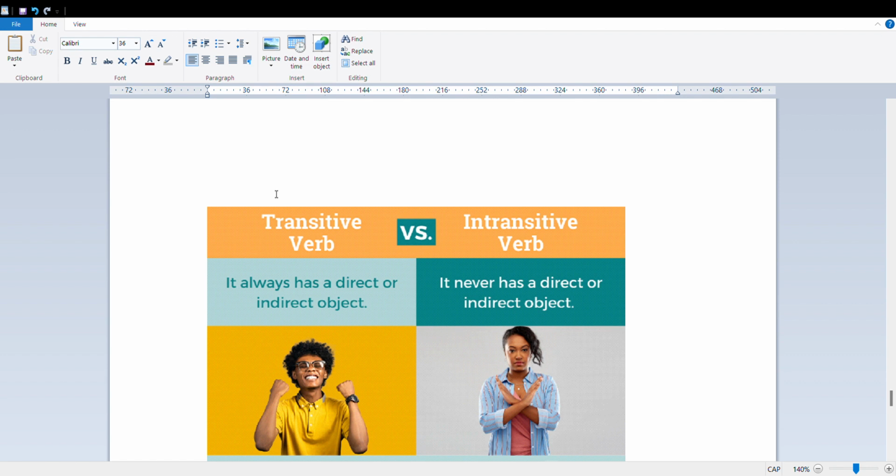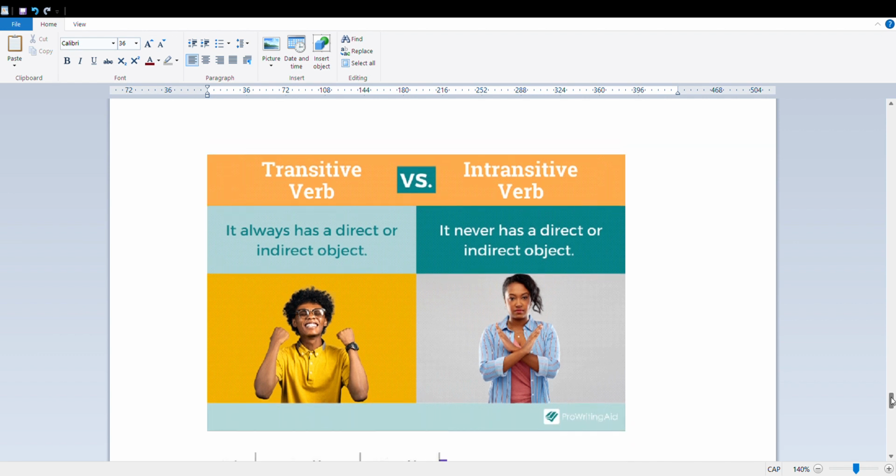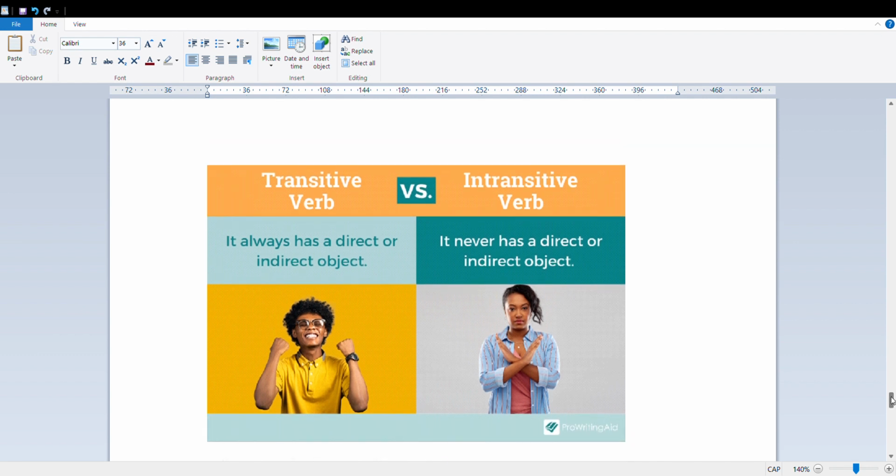If you want, you can take a screenshot of this, because I have found many kids finding difficulty in identifying transitive and intransitive verbs. You need not keep learning by heart the definitions or the examples.